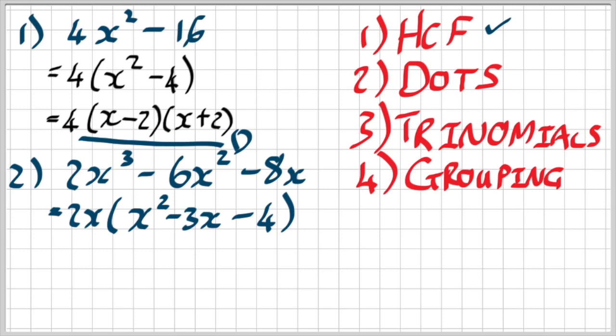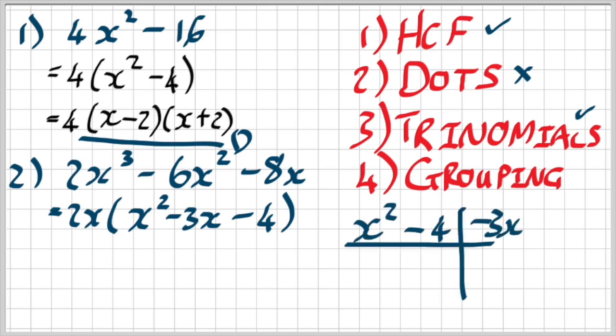No, that isn't. Okay? So therefore, I'm going to have a look at trinomials. It is definitely a trinomial, so I'm going to go towards my method, which is x squared minus 4 minus 3x. X times x gives me x squared.